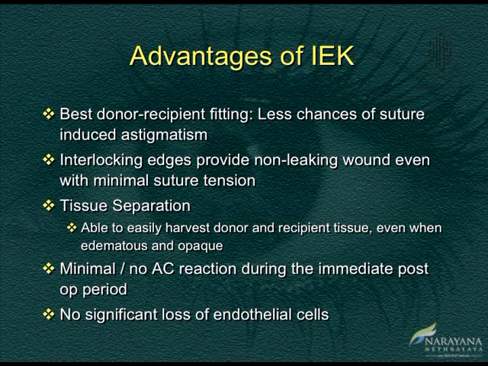Whereas in femtosecond enabled keratoplasty, you have the best donor to recipient fitting. There is less chance of suture induced astigmatism because your sutures are much more superficial. The edges are interlocking, hence you do not need to put very tight sutures. We handle the tissue very minimally, hence the tissue is of much better quality, and hence the final visual outcome is much better.